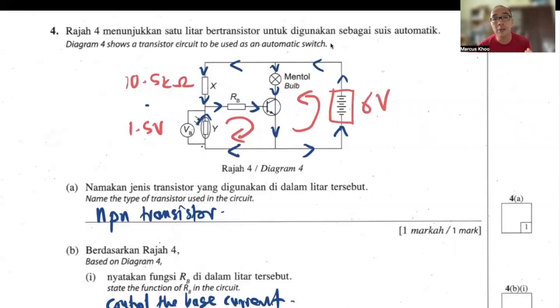So here we are talking about the voltage divider circuit. If this is 1.5 volts, you know that this one has to be 4.5 volts already, because of the voltage divider. So you want to know what is the resistance over here. There are many ways you can calculate this, and I guess the easiest way would be to use the 1.5.